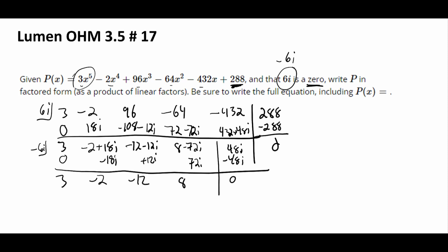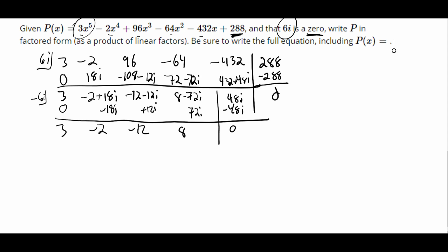Okay. Now, one way I would approach this last part is we could do factor by grouping, and I'm looking at it, and it will factor by grouping just by looking at this. So this is our constant. This is the x term, x squared and x cubed. So what we have is a 3x cubed minus 2x squared minus 12x plus 8.